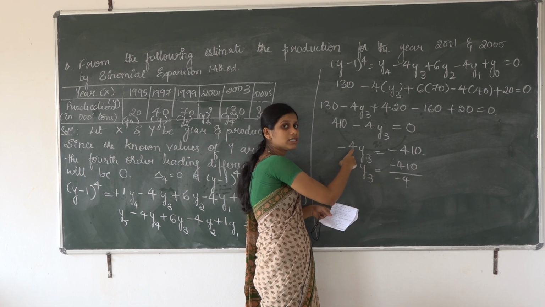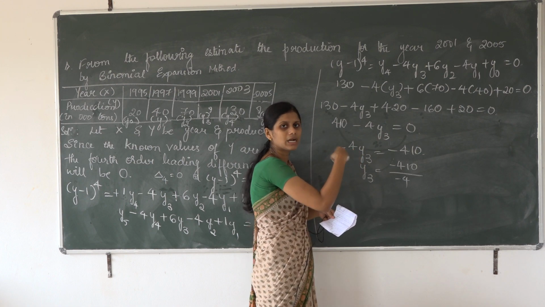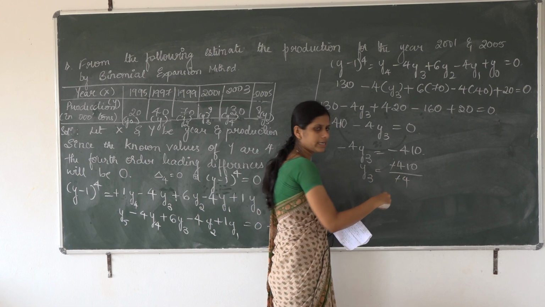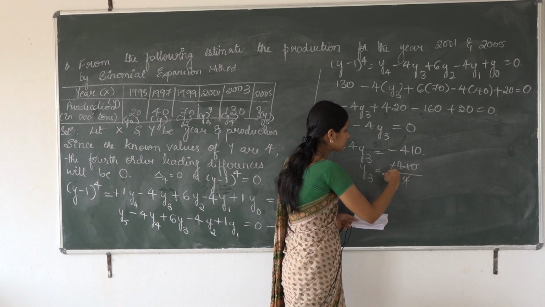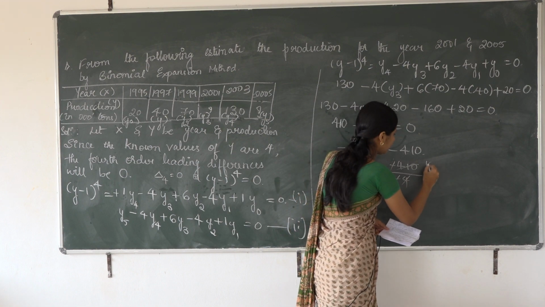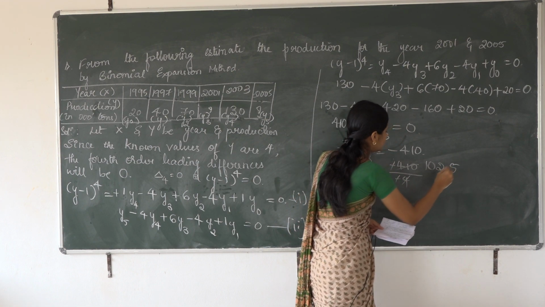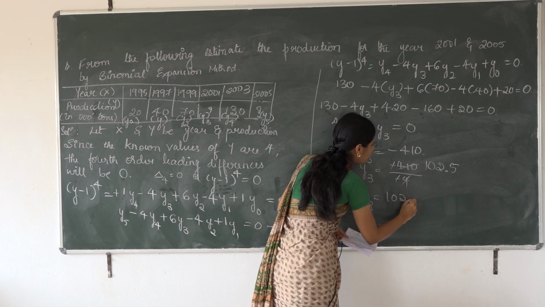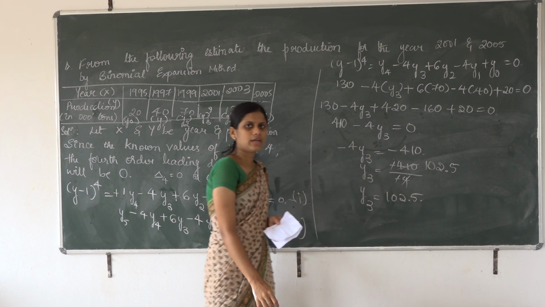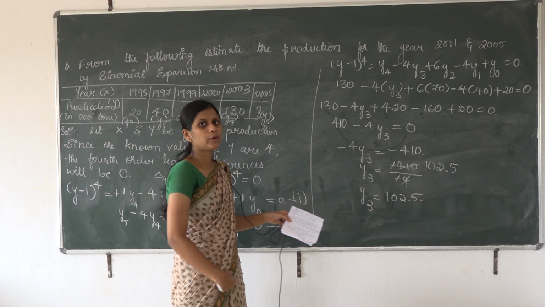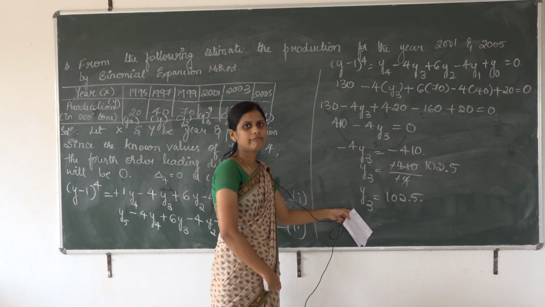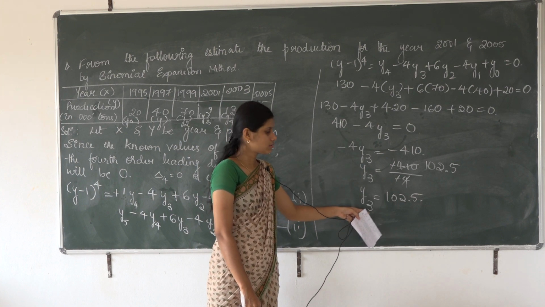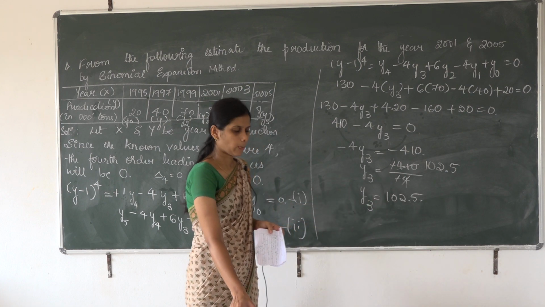Because minus 4 into y3, so into will become divided by. This minus sign will be as it is, so minus and minus gets cancelled. 4 ones are 4, 400. So y3 is equal to 102.5. So like this you have interpolated the value of y3 when x is equal to 2001. So production for the year 2001 is 102.5.